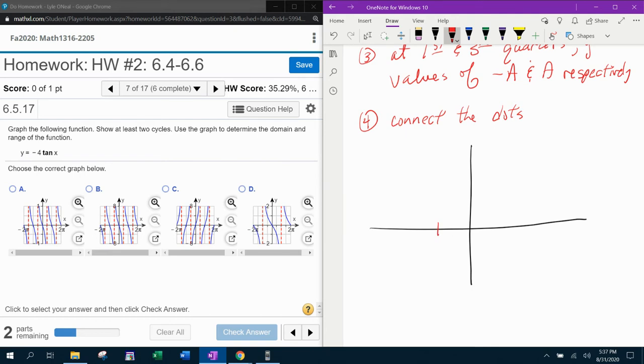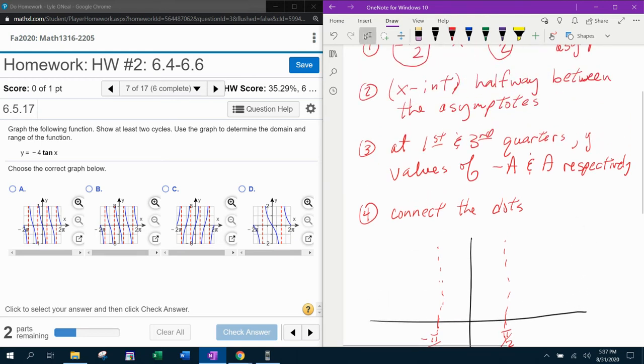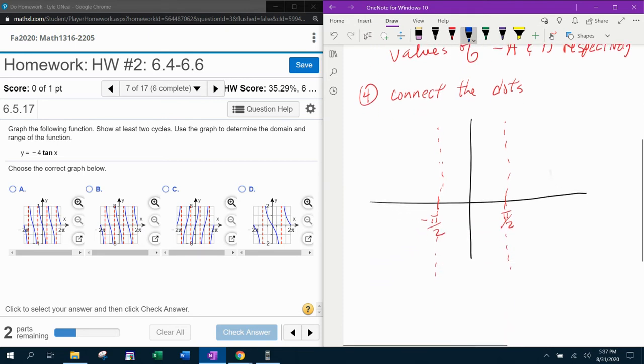So I'm going to say, okay, here's negative pi over 2, and then equidistant on the other side would be positive pi over 2, and we're going to draw in some vertical asymptotes, okay? That's the first step. Second step, we're going to have an x-intercept exactly in the middle of those asymptotes. So right here at the origin, we would expect an x-intercept.